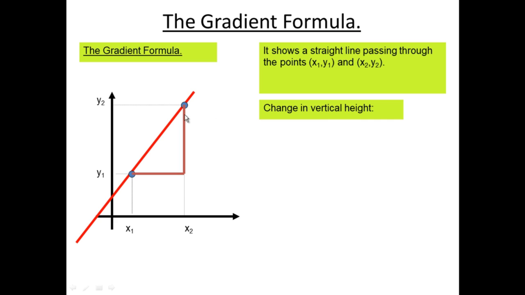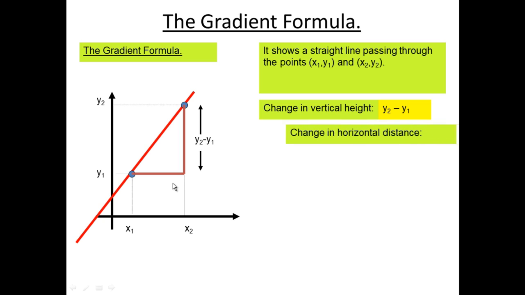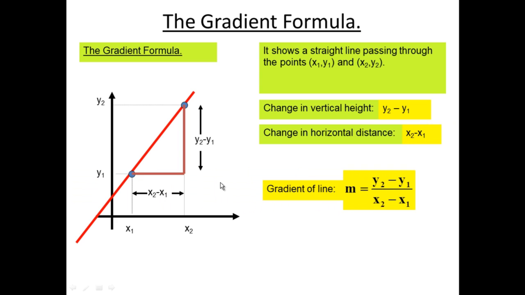The vertical height is difference between y2 and y1, and then the horizontal distance is difference between x2 and x1. So the formula of the gradient is y2 minus y1 divided by x2 minus x1.